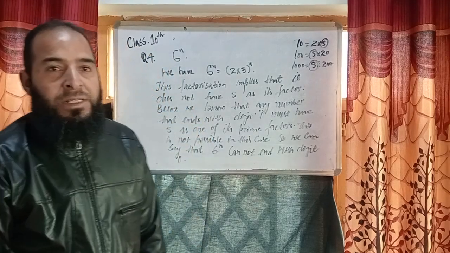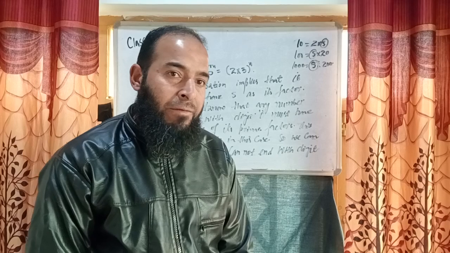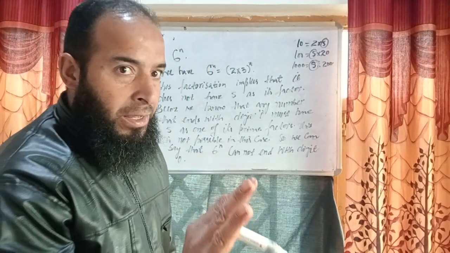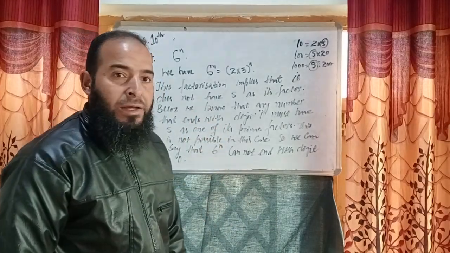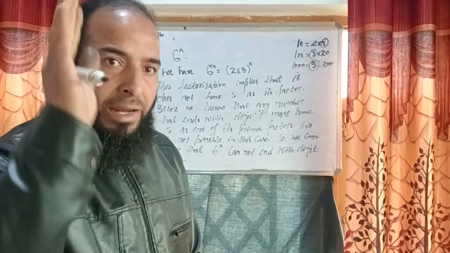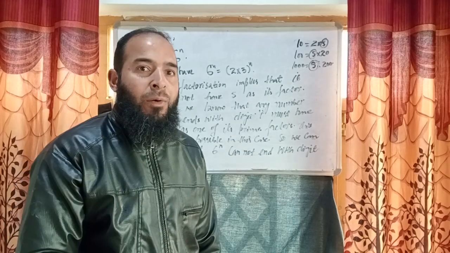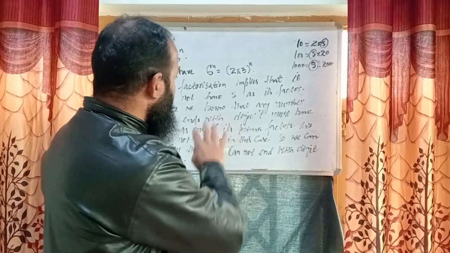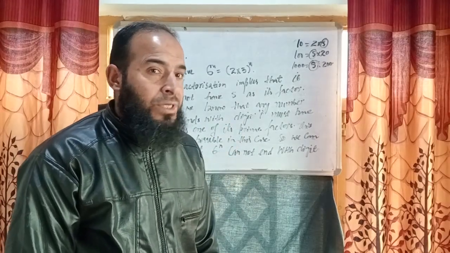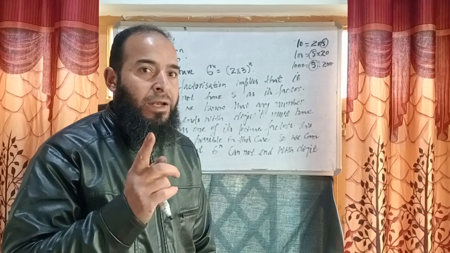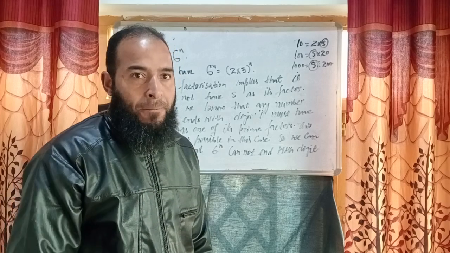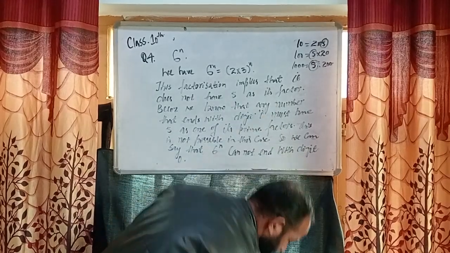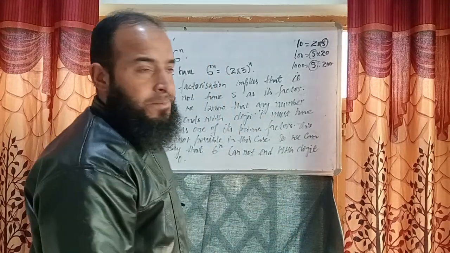So this number 6 raised power n cannot end with digit 0. Make this clear that any number that ends with digit 0 must have 5 as one of its prime factors. That is not in this case. So 6 raised power n cannot end with the digit 0. Do you get it? Okay.